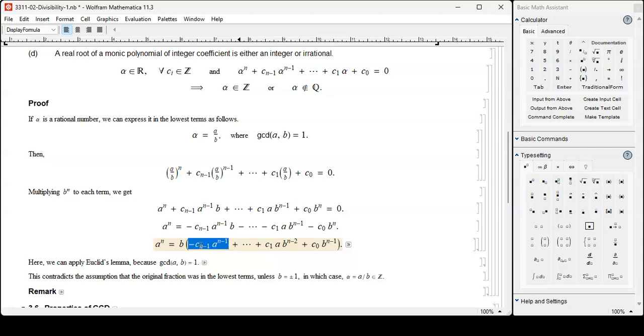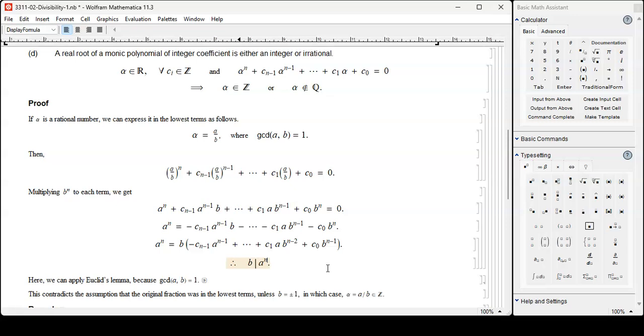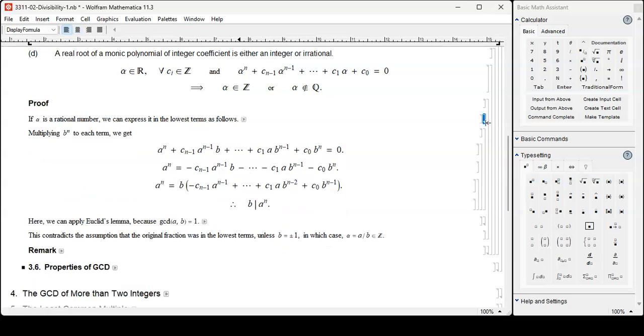Now this expression here looks complicated, but it's an integer. So some integer times b, that proves b divides a to the nth power. All good? Does it make sense? Okay, now from here we can apply Euclid's lemma.